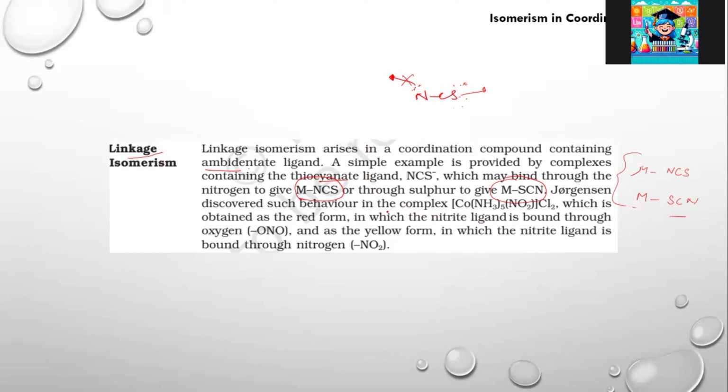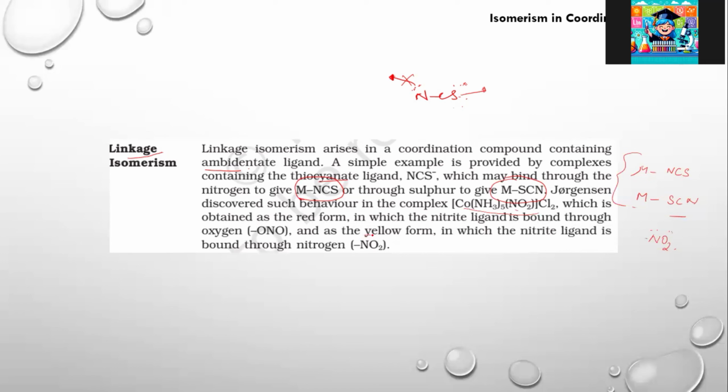Another example is the nitro group. Nitro group is an ambidentate ligand which can use either oxygen or nitrogen for forming the bond. For example, in this complex, there is a nitro group. Two colored isomers are there.